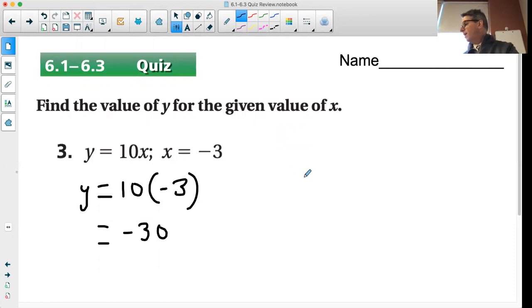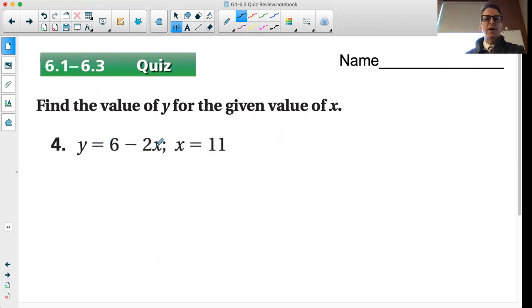Number 4, y equals 6 minus 2x, x is equal to 11. That would put you at y is equal to 6 minus 2 times 11. Now you just want to make sure that you do your order of operations first.